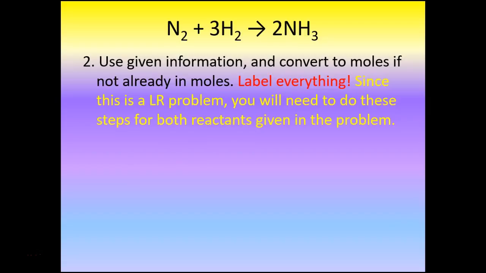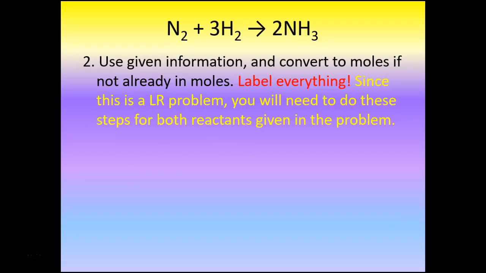And now more than ever, it's really important to label which thing is which so that you know, like, oh, these are the amounts that go with nitrogen, and I'm converting that to ammonia, and these are the amounts that go with hydrogen, I'm converting it to ammonia. So if you don't keep that separate, things can get very messy. And I know I'm going to be breaking this down step by step and doing these two kind of simultaneous calculations.